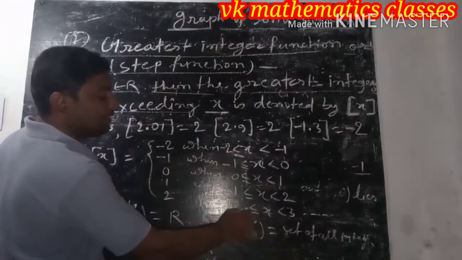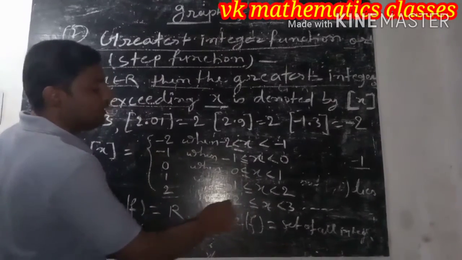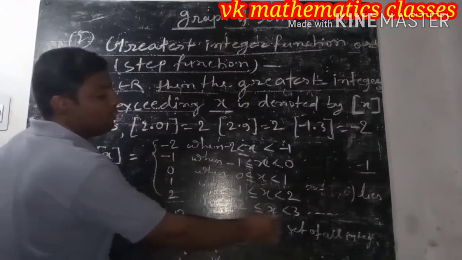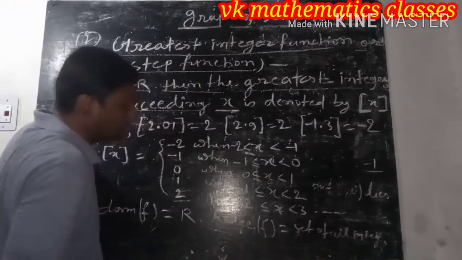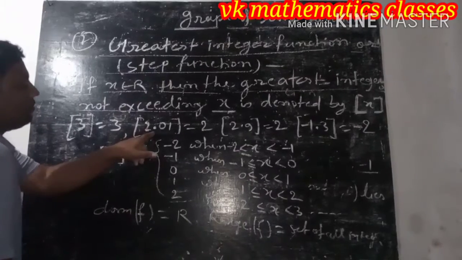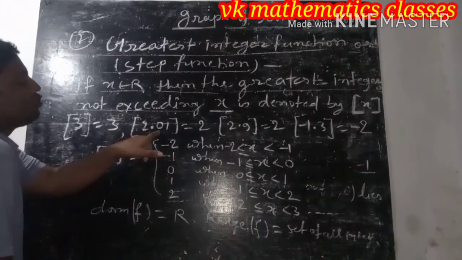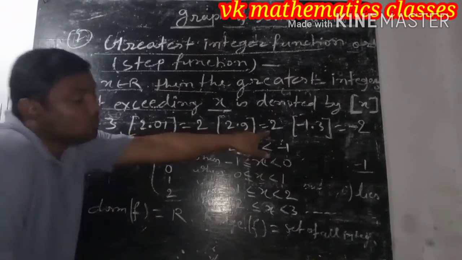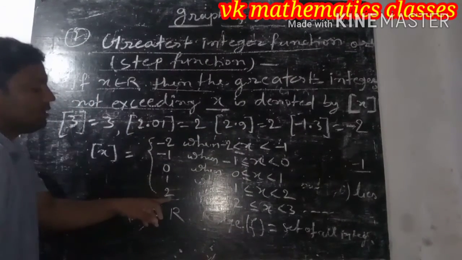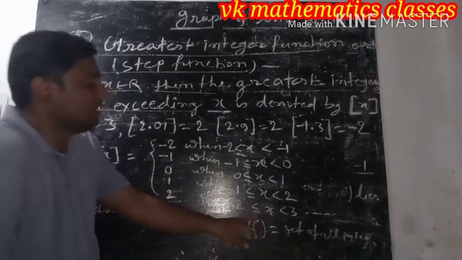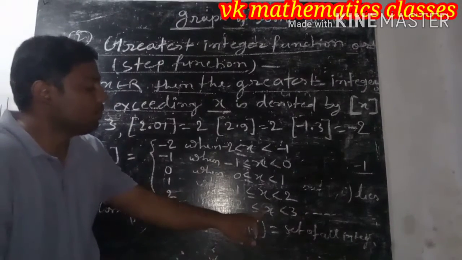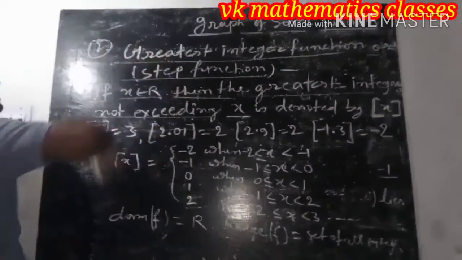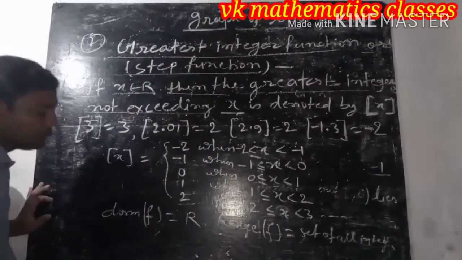It is 2 when x is greater than or equal to 2 and less than 3. So if x is 2.01, this is equal to 2, and 2.9 is also 2. This is known as the greatest integer function.